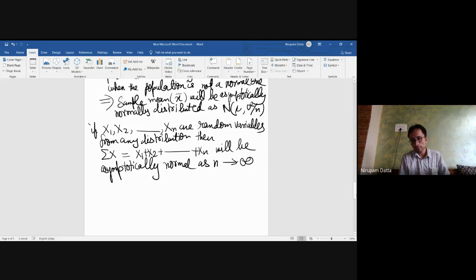This means as the number of random variables becomes infinitely large, from any distribution, the summation of these random variables will be asymptotically normal as n tends to infinity.